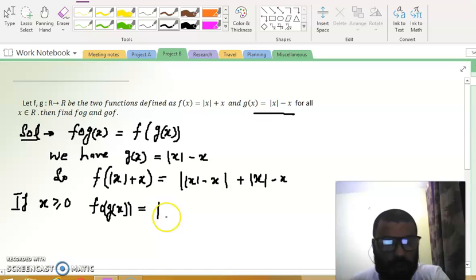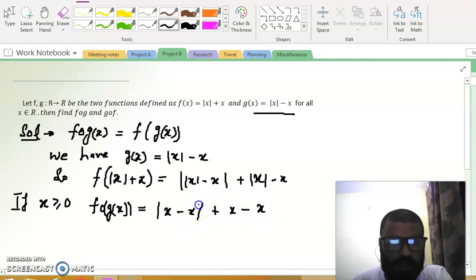So under the modulus sign you may write this x as positive. So x, and this is not in the mod over here, but overall this is in the mod. So minus x, put in the mod, plus, and take positive sign, x and minus x. You can see they will be eliminated.